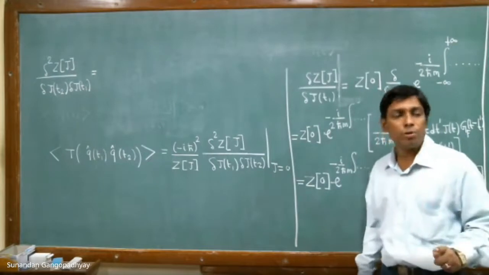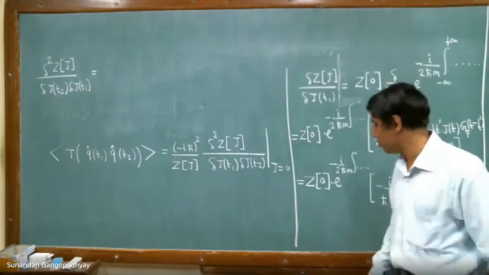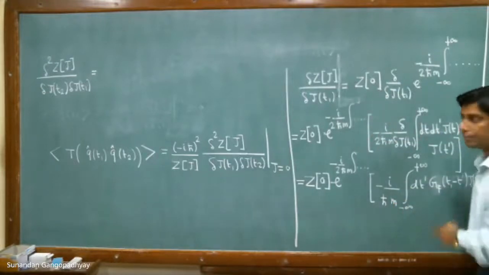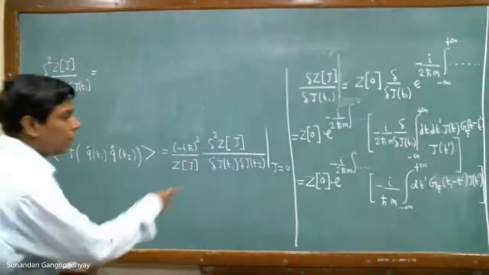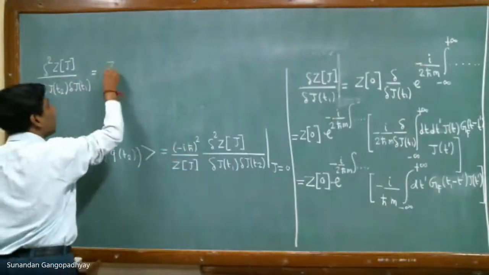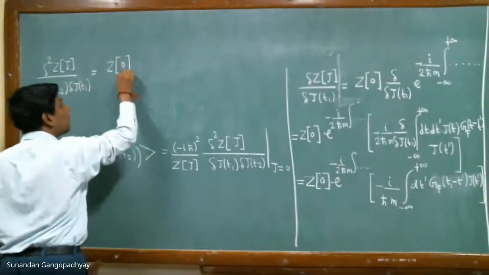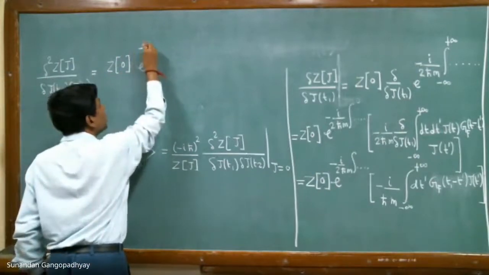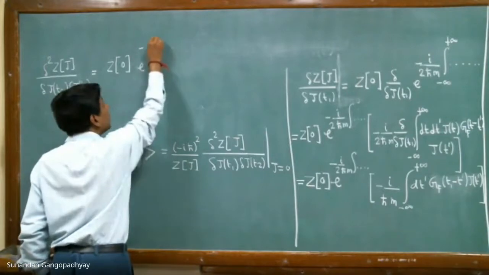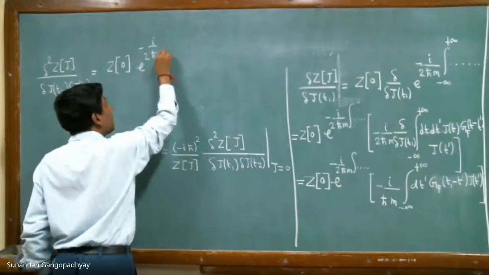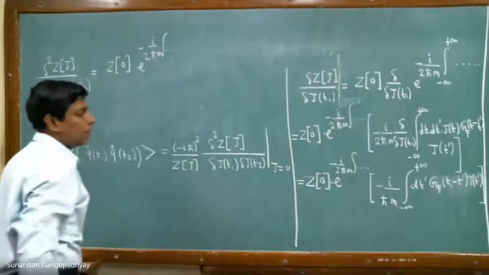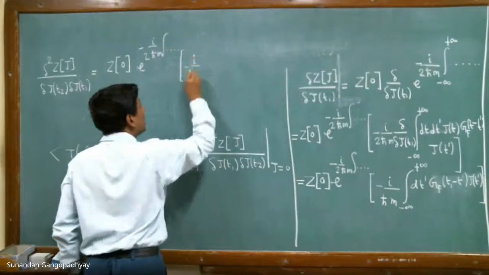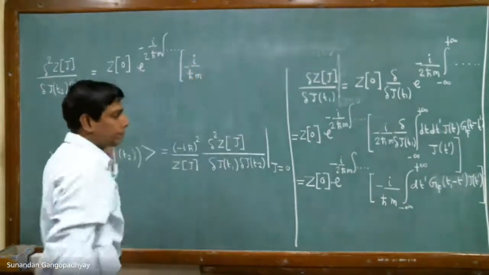So the only contribution which survives after taking J equal to 0 is the one where the functional derivative acts on this term. So when the functional derivative acts on that term, what we get is Z0, we will have the exponential, this thing is always there, and then we have a minus i by h bar m.